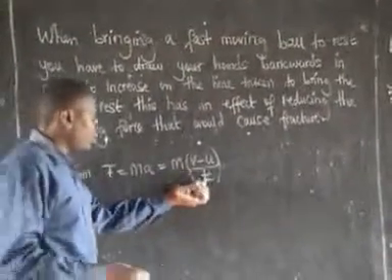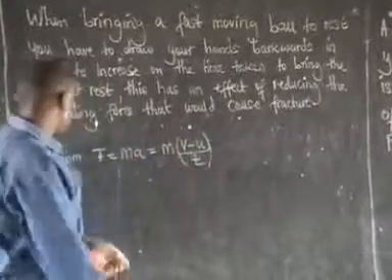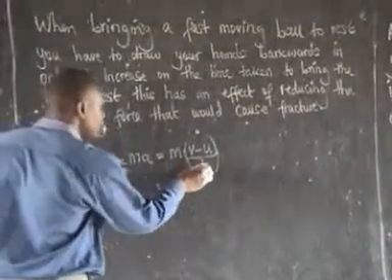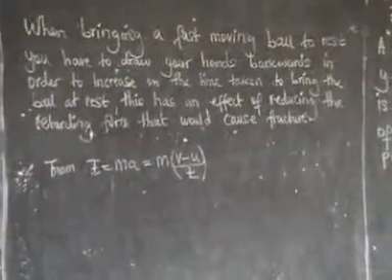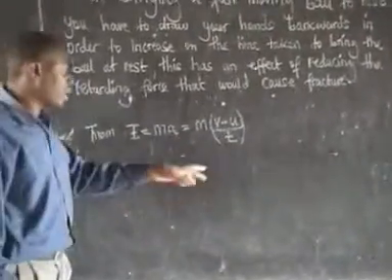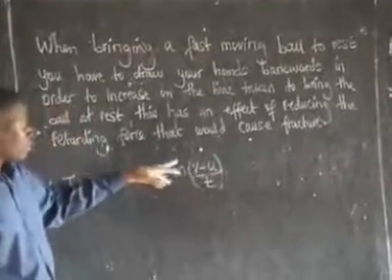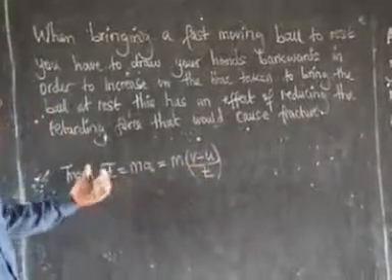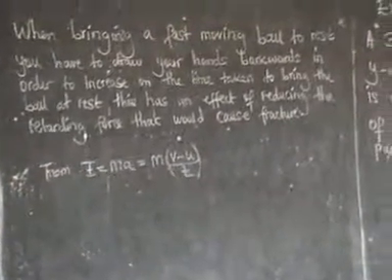When you increase the time taken for the velocity to reduce to 0, you are indirectly reducing that force. If t is very small, the force will be quite big and would result in a fracture. So by increasing the time taken for the velocity of the ball to reduce to 0, you are reducing the magnitude of the retarding force exerted onto the hands.